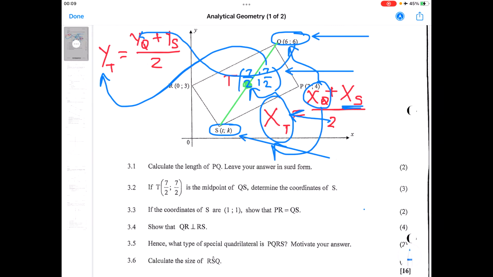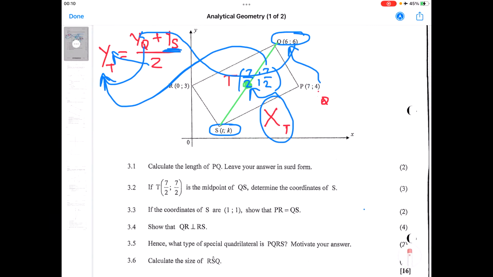Then for you to calculate the y value at S, you cross multiply and then you take this to the other side. So that's how you calculate y at S. So just be careful and make sure that you substitute correctly, and most importantly, you follow the memo procedure to work it out.